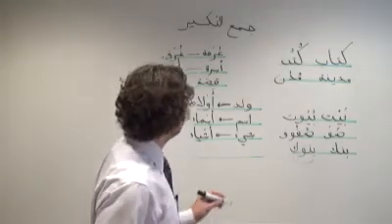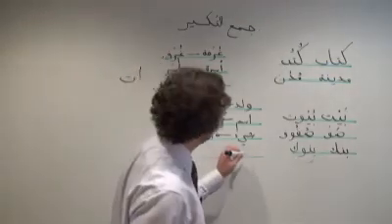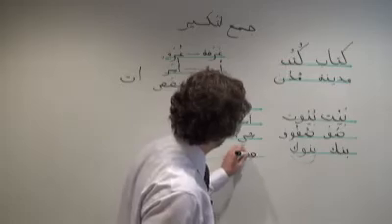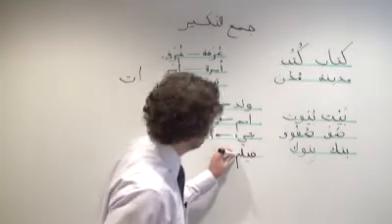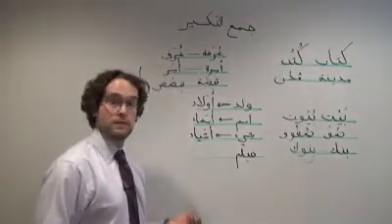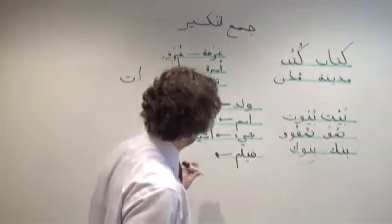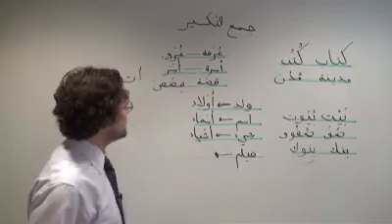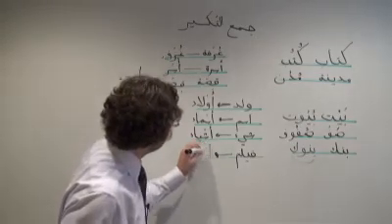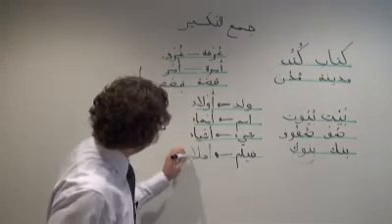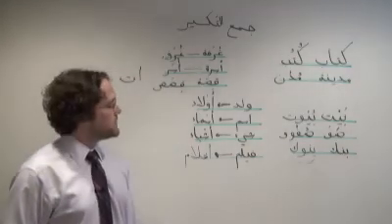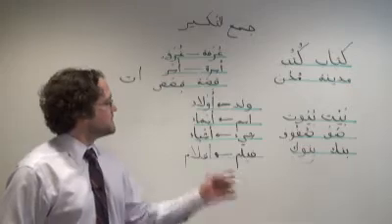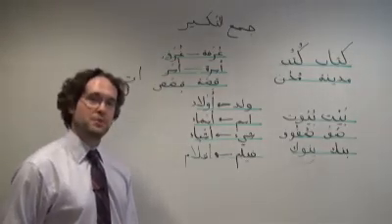One more example of that would be film, a movie, a film. In Arabic, it follows the same pattern as these words: aflam. It can seem a little bit outlandish, but this is how broken plurals work.